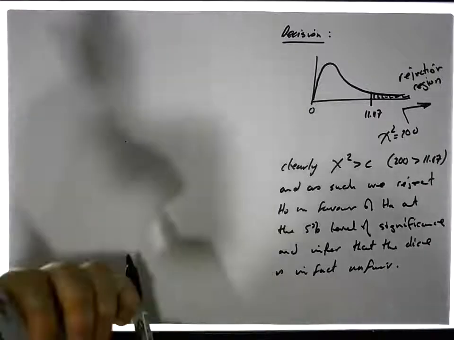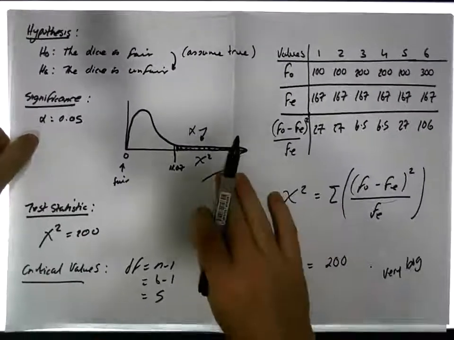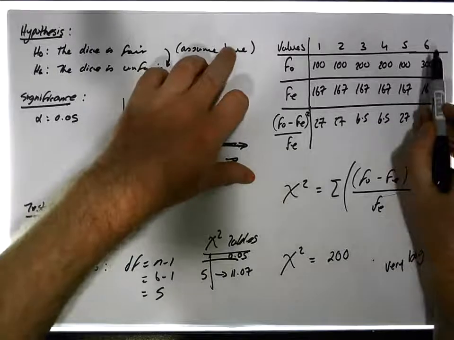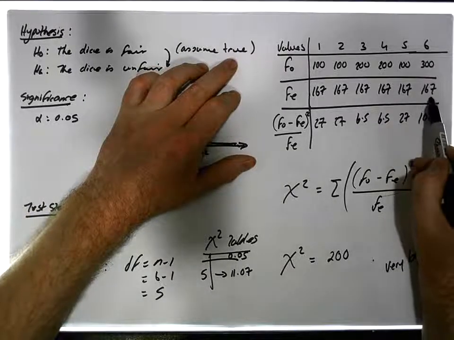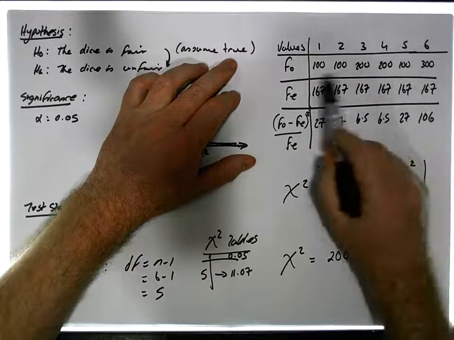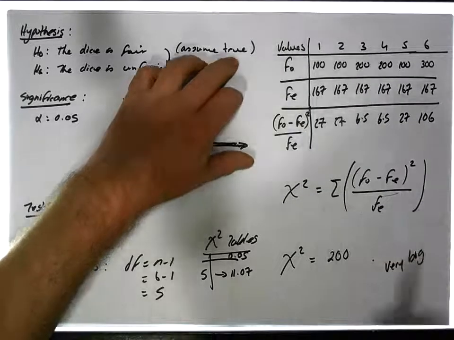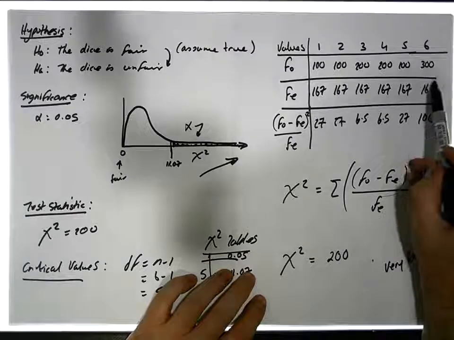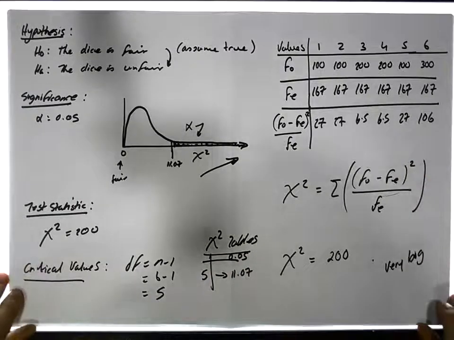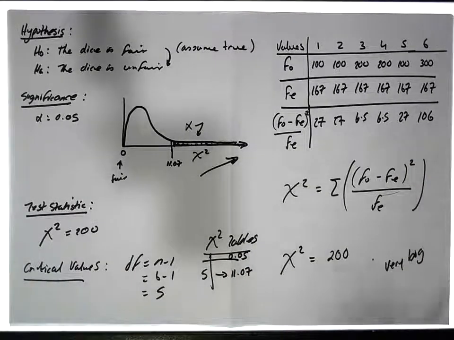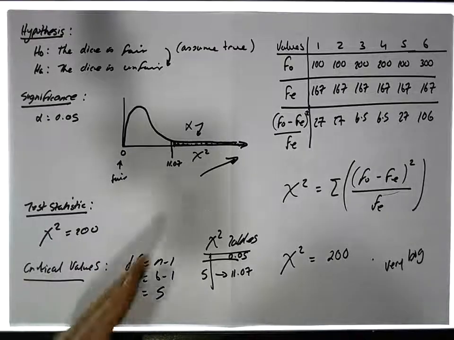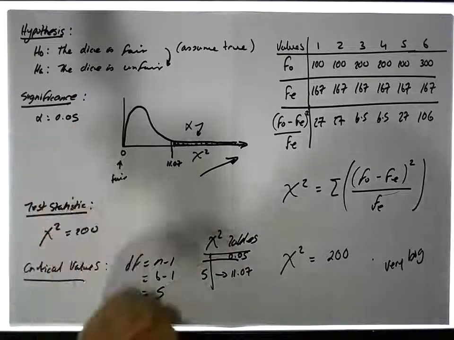We can see that from our observations as well. The 6 occurred 300 times, and it should have only occurred 167 times. There were other instances where we were under our expectation, and others where we were slightly over, but this 300 was well above where it should be. In fact, we're statistically confident now, 95% confident, that the die is unfair.